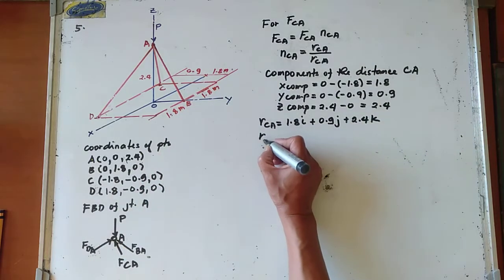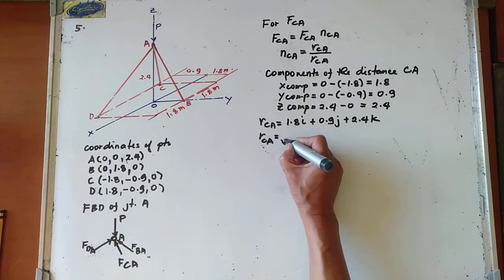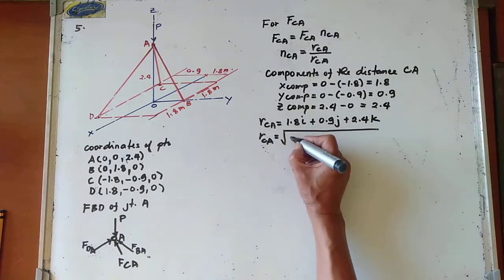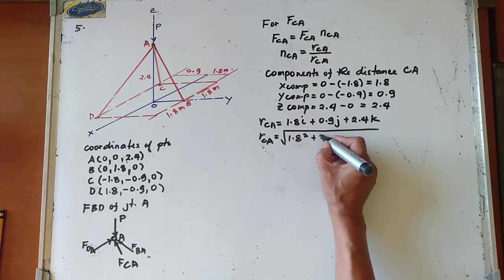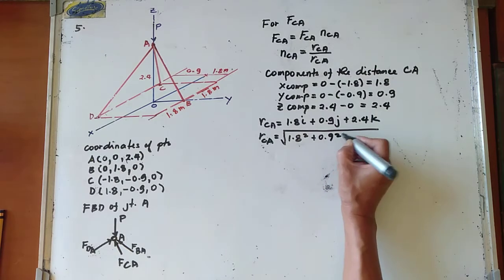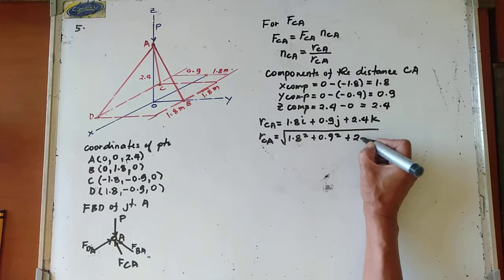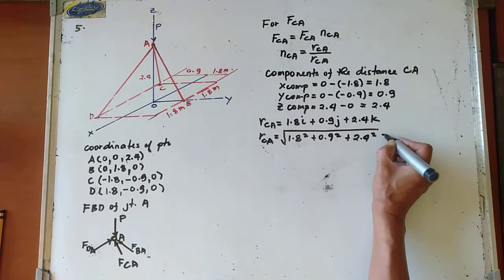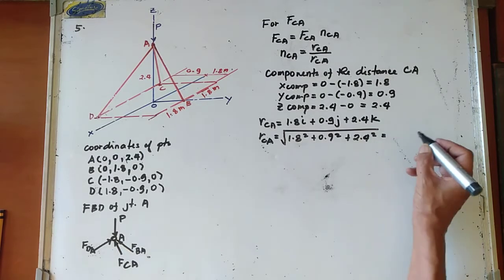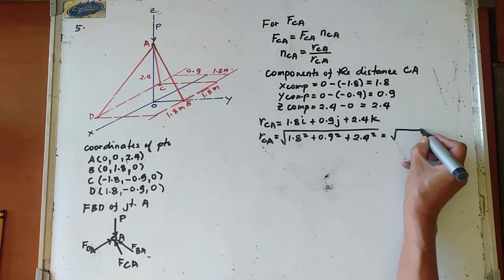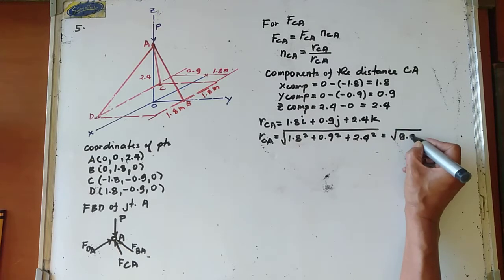The magnitude of this position vector is the square root of 1.8 squared plus 0.9 squared plus 2.4 squared, which is equal to the square root of 9.81.